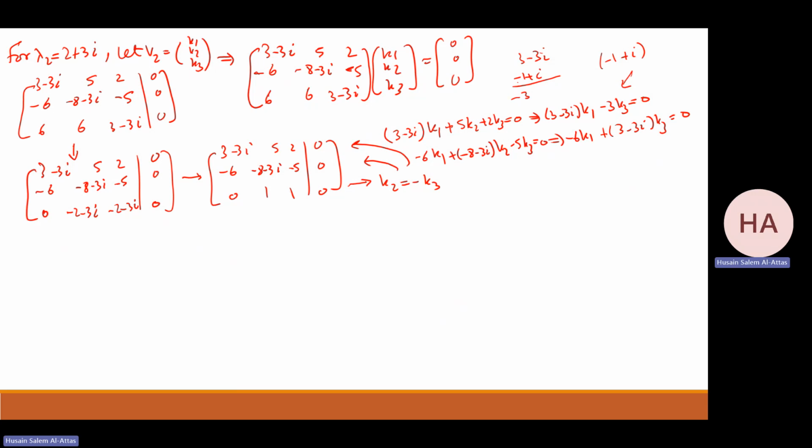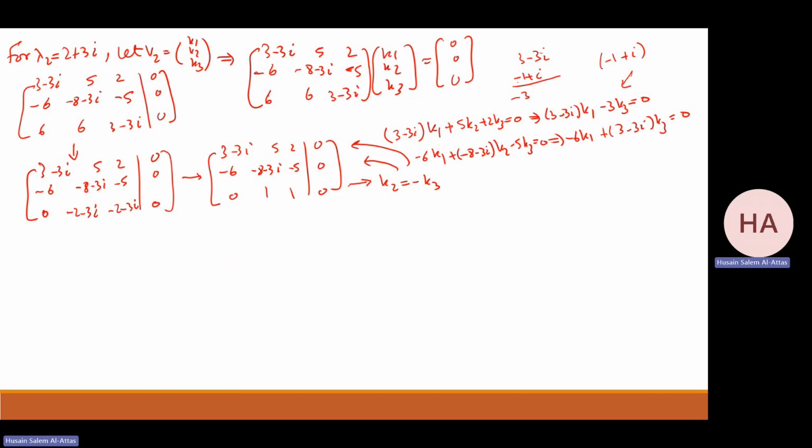That gives me 6i. Minus 3i squared plus 3. Oh, there's something wrong. 3 minus 3i K1. Minus 5 plus 2. That will be minus 3K3. Multiply this by minus 1 plus i. That gives me 3 minus 3i. Now let's multiply this by minus 1 plus i. Gives me what? Minus 3, 3i and 3i. No, there's something wrong.